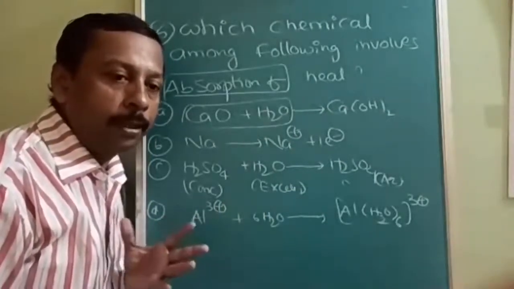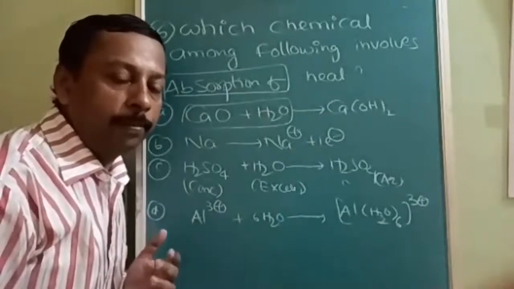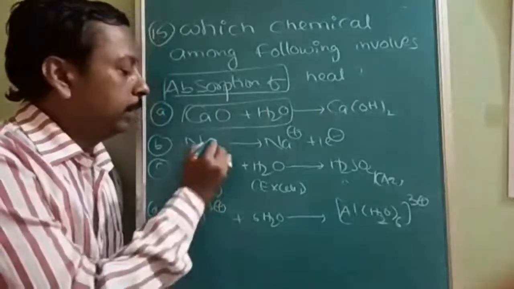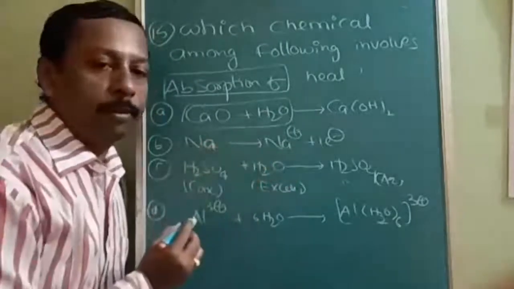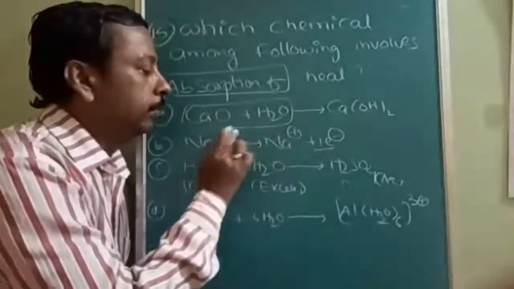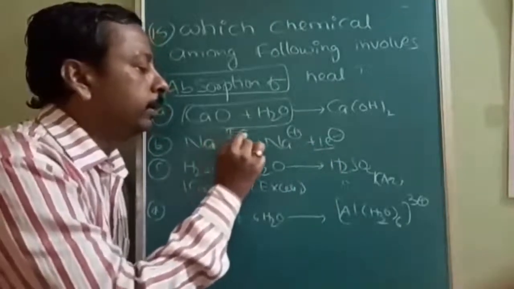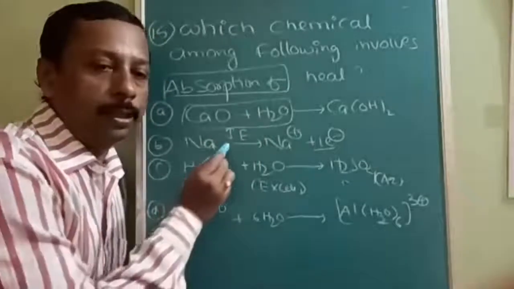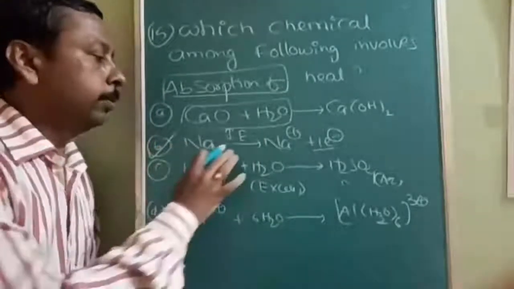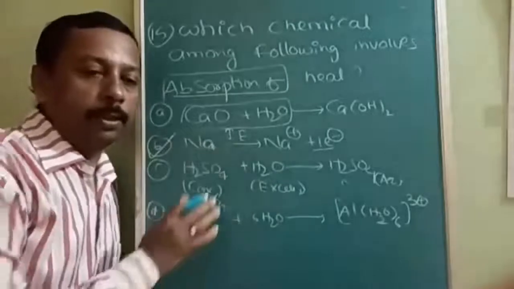That's why heat will be evolved, vapors will be evolved when you mix water with lime. Second, sodium is converted to sodium positive, so that means ionization energy. What is required here? Obviously, the ionization energy, so it is energy required only. So option B.